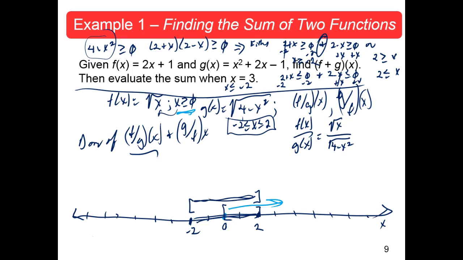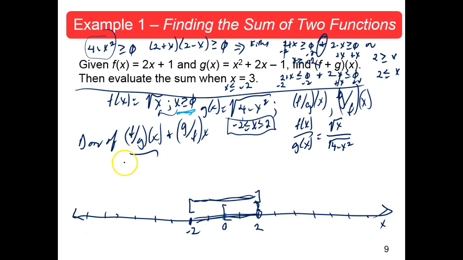So all you would have to do is change this bracket and that mess there to an open circle and make that a parenthesis.